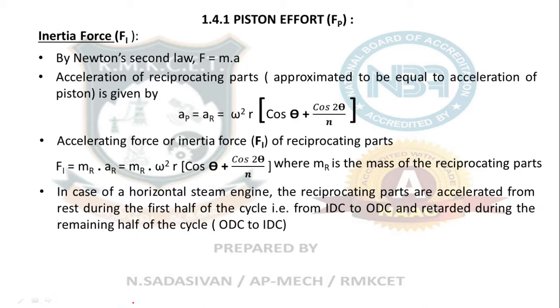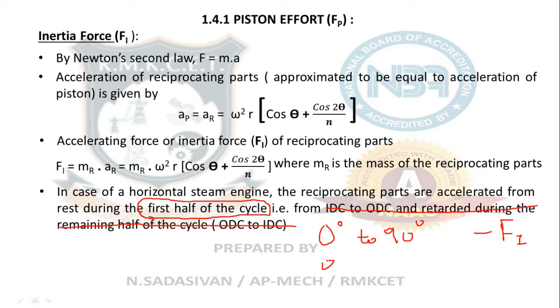Theta of 0 to 90 will give you a negative inertia. First half of the cycle, 0 degree to 90 degree, mid span of the piston movement from left to right, will get a negative inertia because your piston is accelerating.